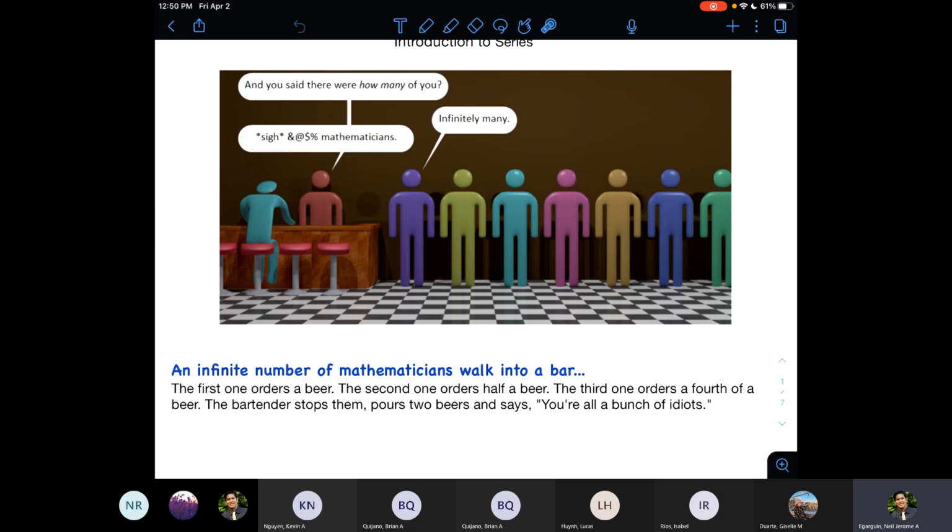And then the bartender, seeming to be annoyed, says, okay, here are 2 beers for all of you guys. And actually the bartender here wouldn't be wrong, and we'll see next time why. It turns out the bartender is also a mathematician because he knows how to sum up a series, because the pattern here is that each mathematician orders half of what the previous mathematician ordered.